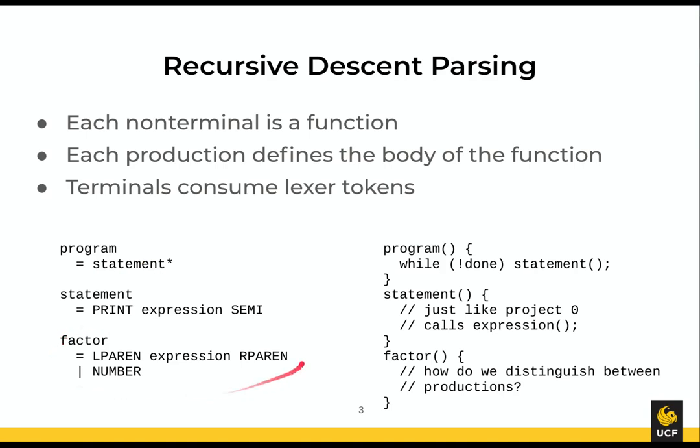But in the case of factor, because the first symbol of each production is just a token, you can just look ahead one token and say, aha, I have an L paren. It must be this production, or the input is wrong. If I have a number, I know it must be just number. Questions on this with me so far?